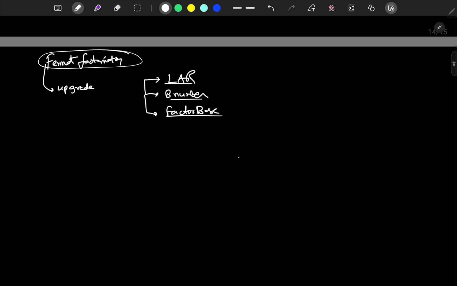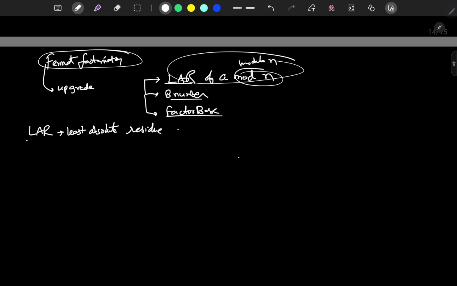Okay, so what do we mean by LAR? LAR means least absolute residue. We need to find the LAR of a mod n, where mod n is read as modulo n.